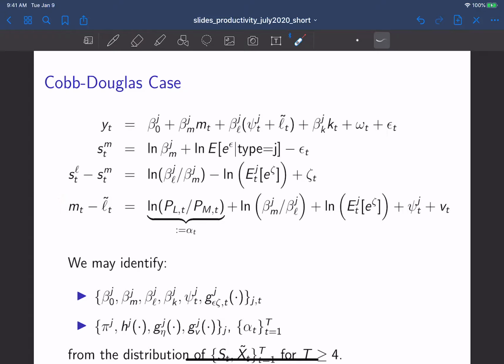Okay, so that's going to give you the identification of the quality differences or hours difference, which we don't observe in the data. Okay, and then there is the output production function. So taking these 4 equations, we can construct the maximum likelihood estimator by assuming all those terms are normally distributed.